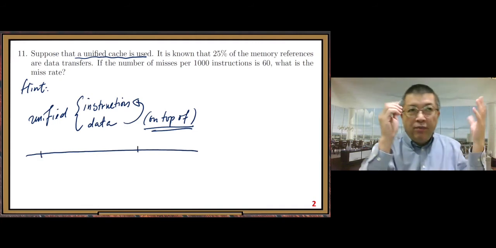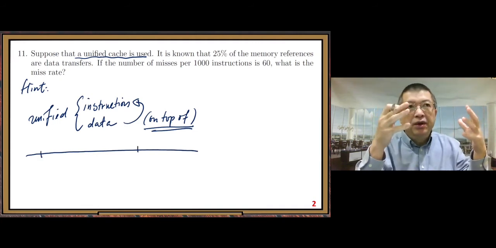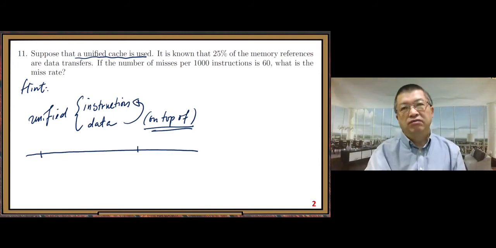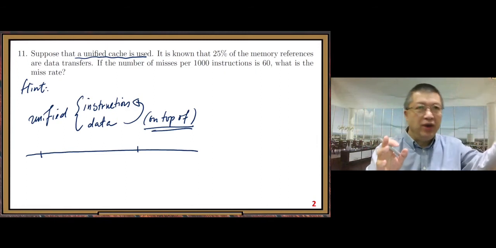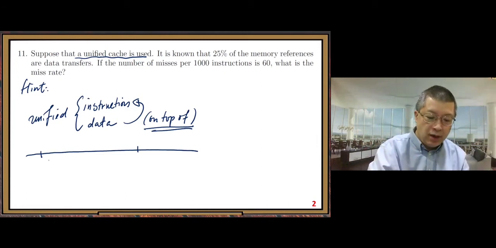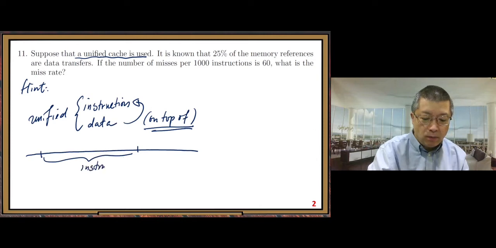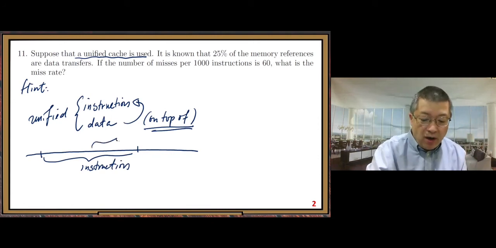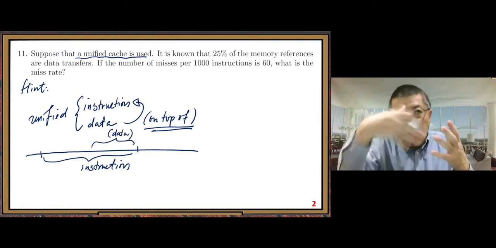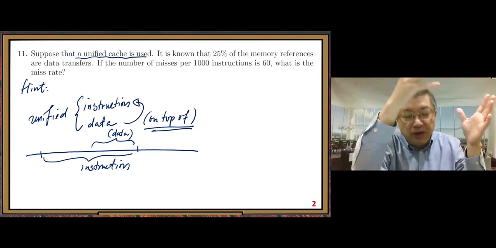When you run a program, you need to load all the instructions. Each instruction is loaded once into the memory, cache, CPU. So this is your instruction part. After that, some of the instructions need a second memory access for the data part.